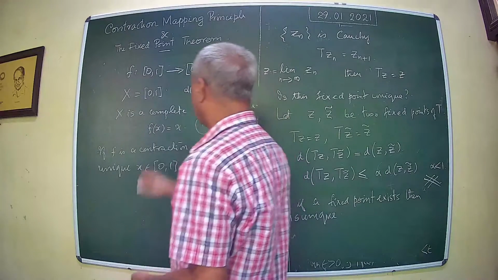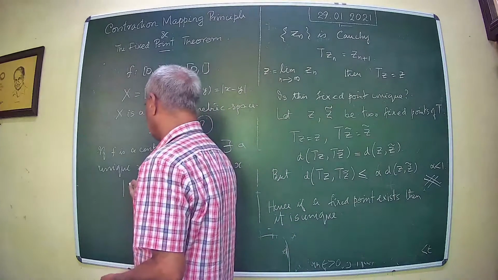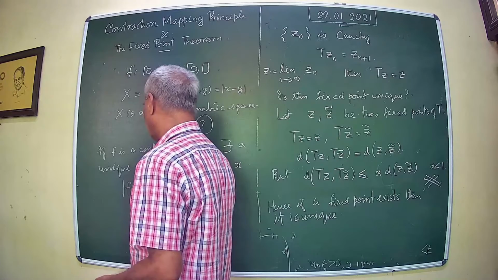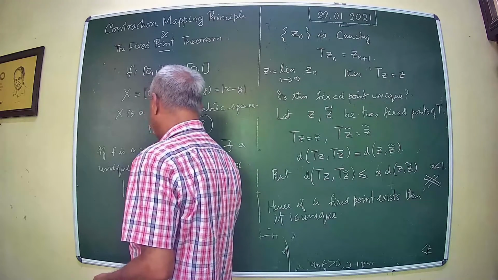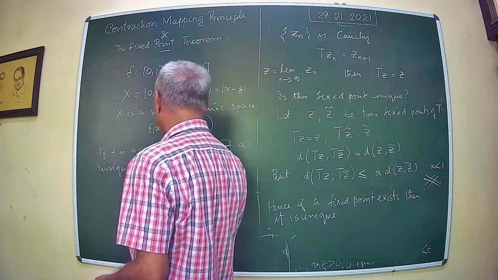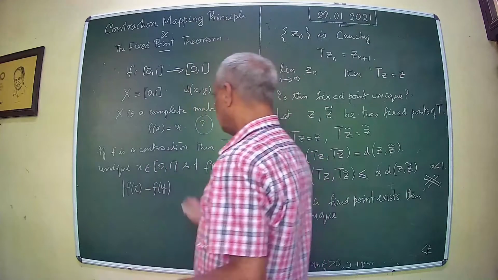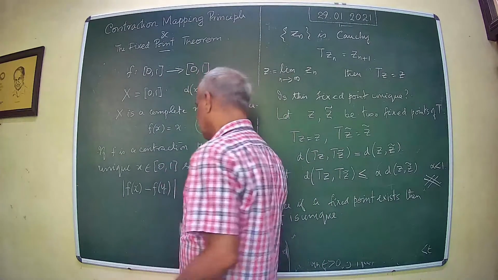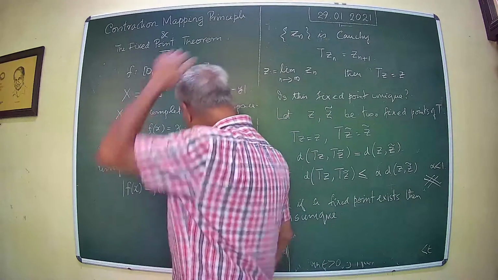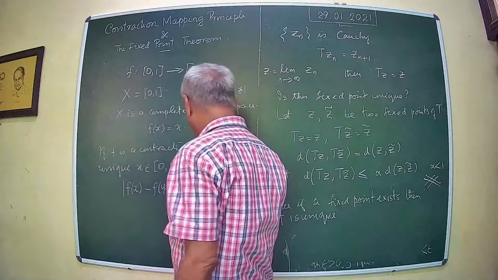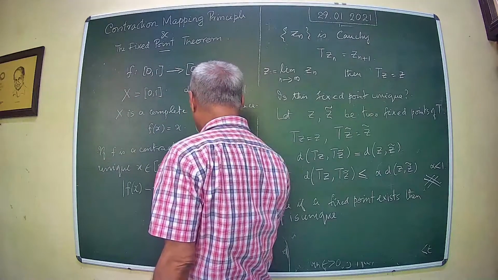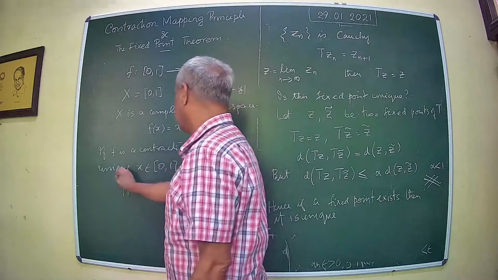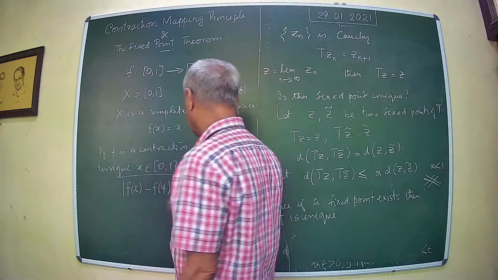So what do you require? You want |f(x) - f(y)| to be less than or equal to alpha times |x - y|. So this is the contraction mapping condition that you have.